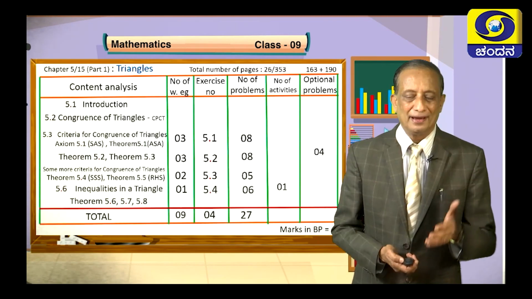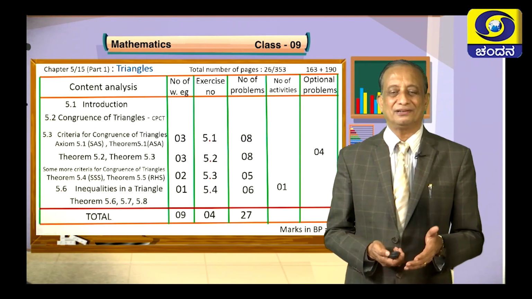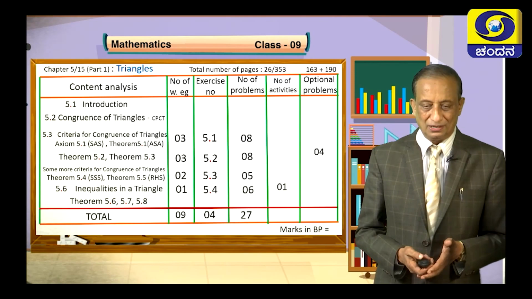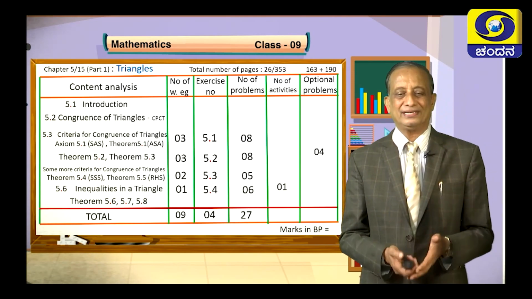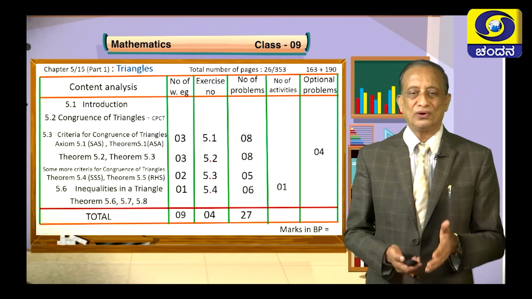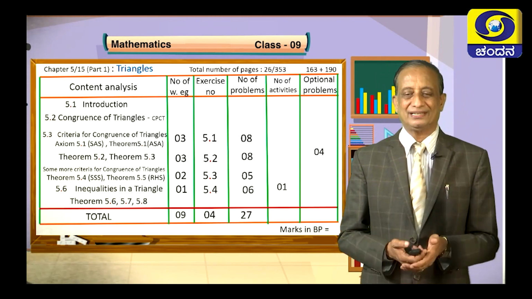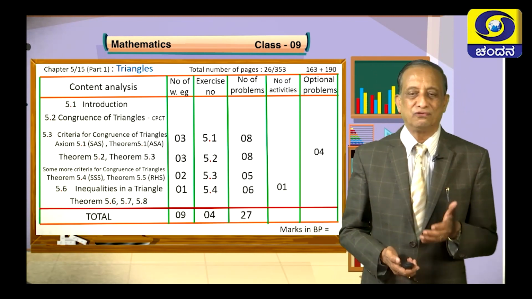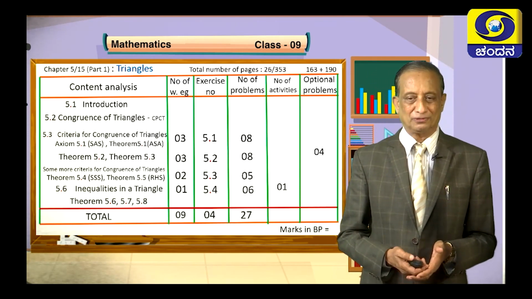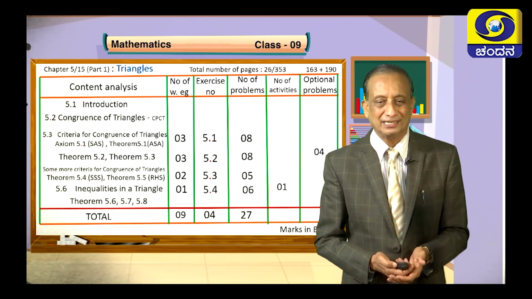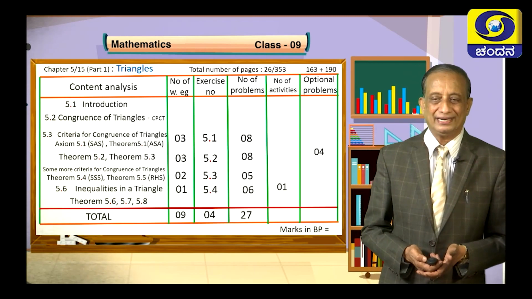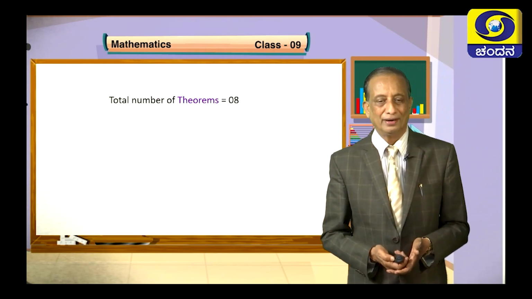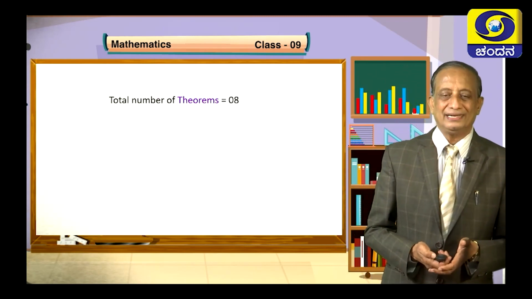Children, here is a brief statistics of the entire chapter. There are 9 worked examples, 4 exercises with 27 problems, and 1 activity with 4 optional problems. For this, 26 pages are printed in our textbook, part number 1. There are totally 8 theorems.